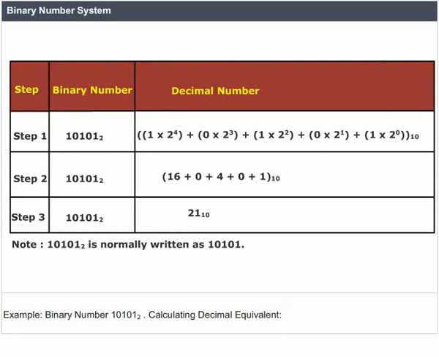Step 2. 10101 to the base 2 equals 16 plus 0 plus 4 plus 0 plus 1, to the base 10. Step 3. 10101 to the base 2 is 21 to the base 10. Note, 10101 to the base 2 is normally written as 10101.